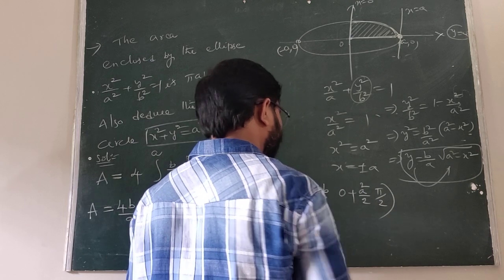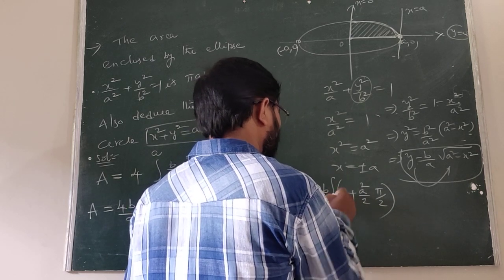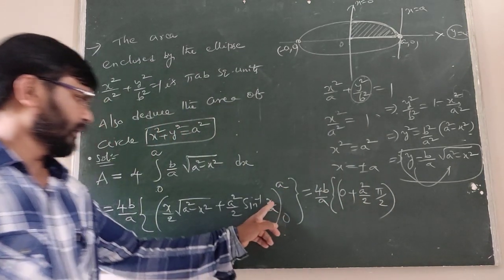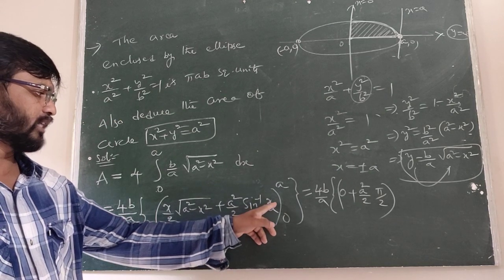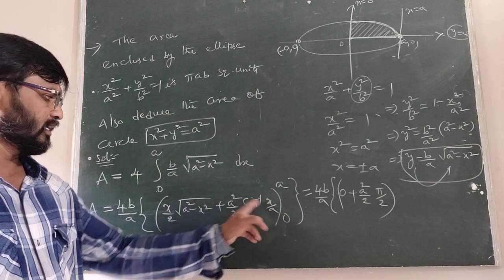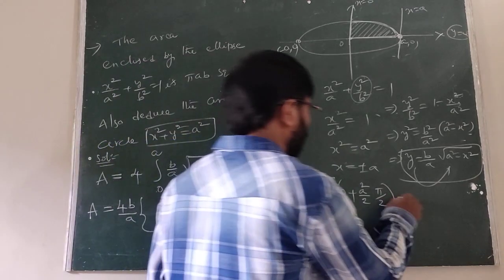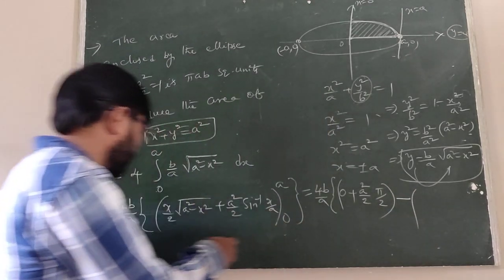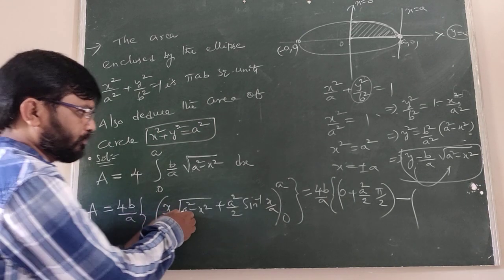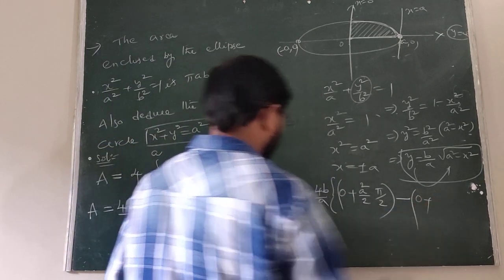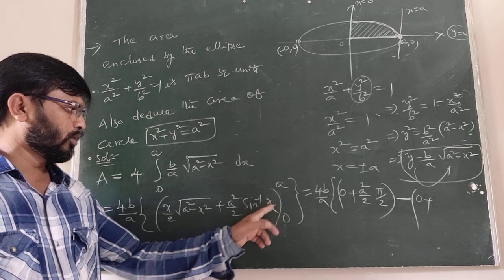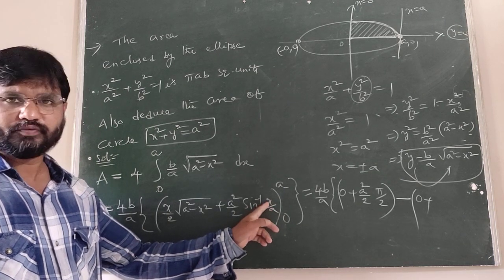Is it clear? After that, substituting the lower limit 0, the first term is 0. When x equal to 0, 0 by a is 0, and 0 is the value of sine 0, so this is also 0.